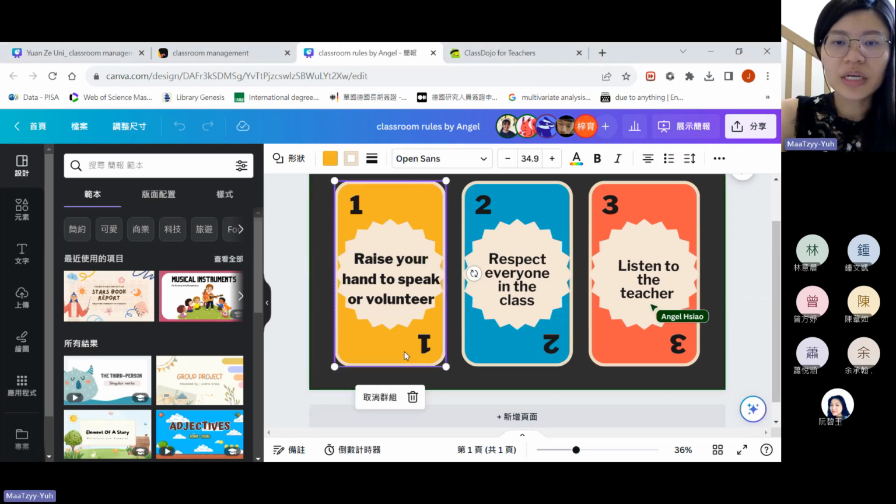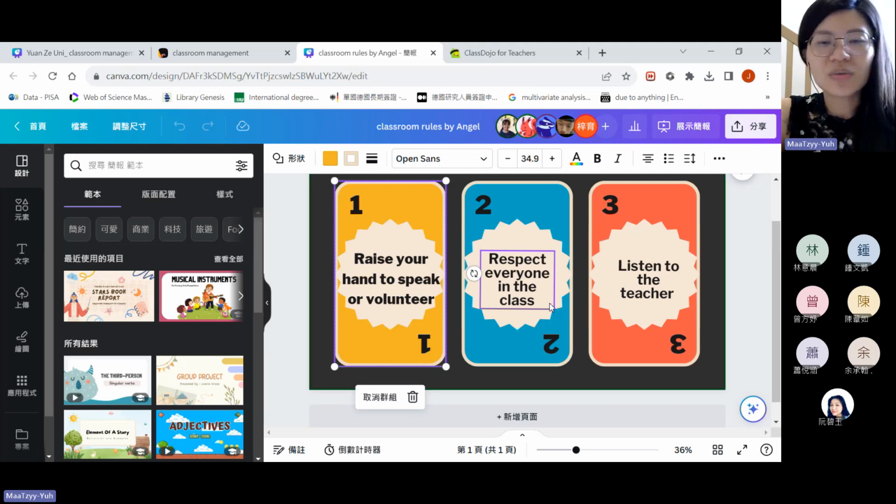I think that would really help students to know which button to click in order to raise their hand. And also, we need to respect everyone in the class. That's important too. Like what we just mentioned, we hope that the students can feel safe and comfortable in your class. So I think that's probably something you want to do.